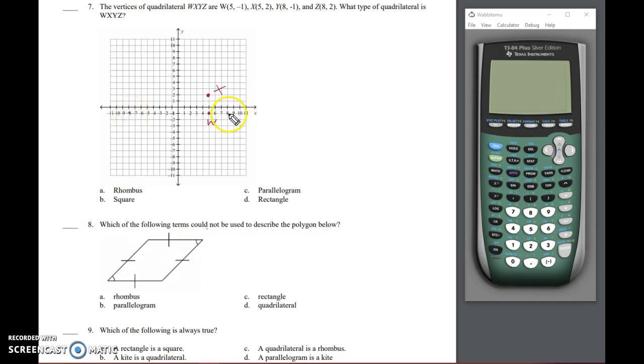Oh, wrong way. (8, -1). That's Y. Ooh, that looks more like an X. And (8, 2). There is Z. So let me connect my points.